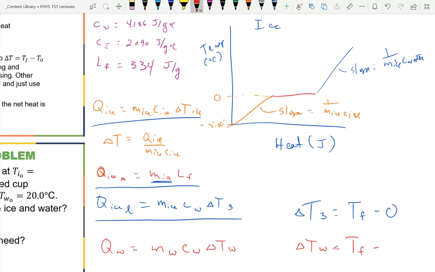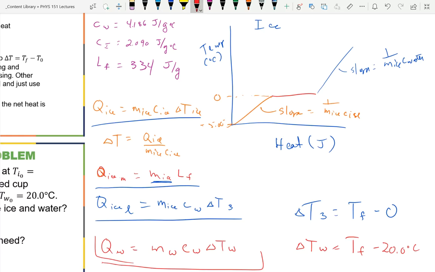And what did it start at? It's the only number you can read. 20. Now, because these are changes in temperature, you don't have to change to kelvins. If you change to kelvins, everything would still work out. So you can do a change in temperature problem either way. So those are the 4 equations you need.